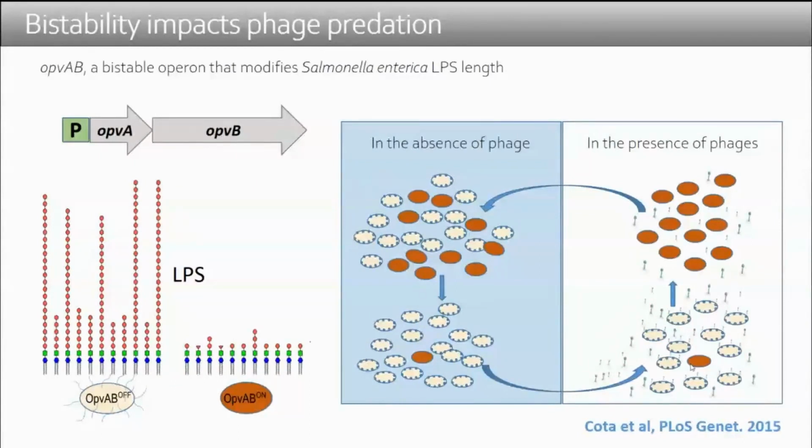And because the expression of OpvAB is bistable, you have a mix between the off subpopulation with a full-length LPS and the on subpopulation with very short LPS.